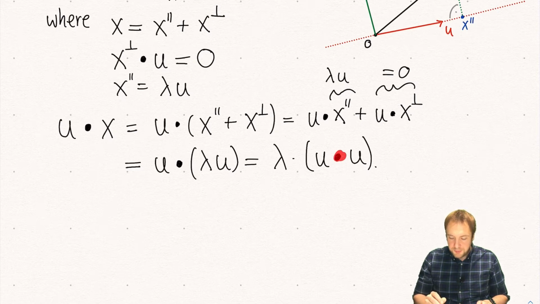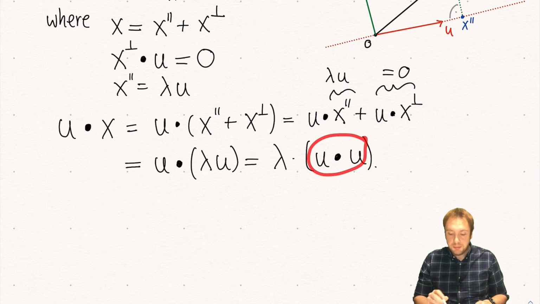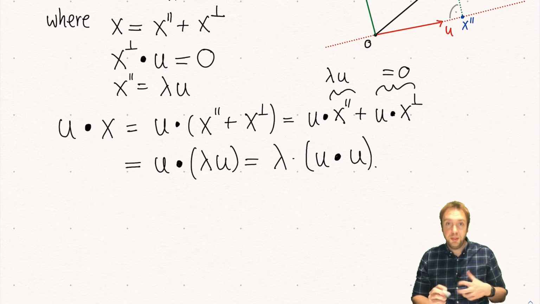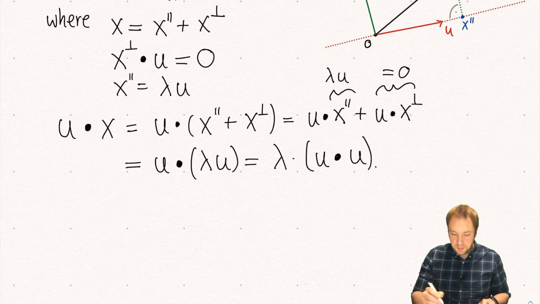And here, this is the scalar product of u with itself, which gives a number, and this is a number, so this little dot here is just the multiplication of two numbers.